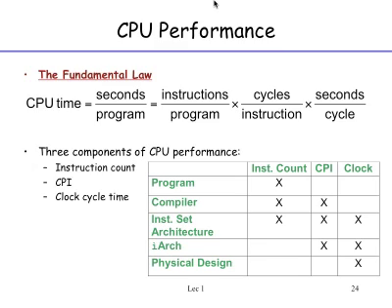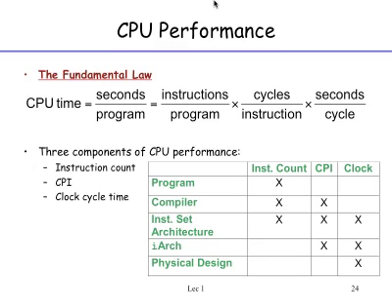It is computed from three elements. The first one is the instructions per program, or the instruction count. That is to say, for this program, how many instructions it has.